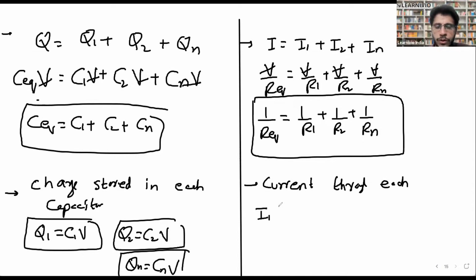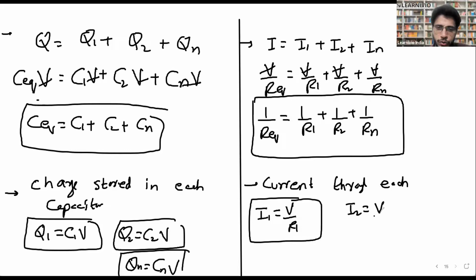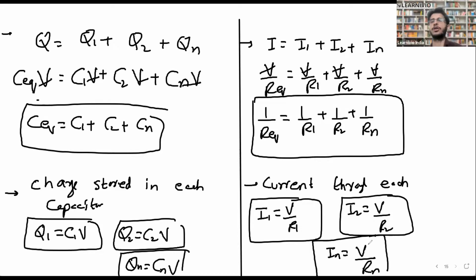First calculate I1. I is V by R. Then we will calculate I2, it's V by R2. Then we calculate In, which is V by Rn. This is how we calculate current through each resistor. So we have charge, we have current, and we have voltage. The last is energy. We just need energy stored in each capacitor and then energy stored in each resistor.